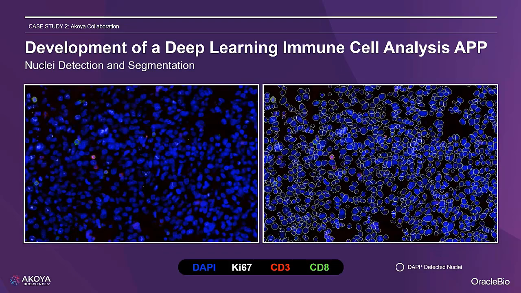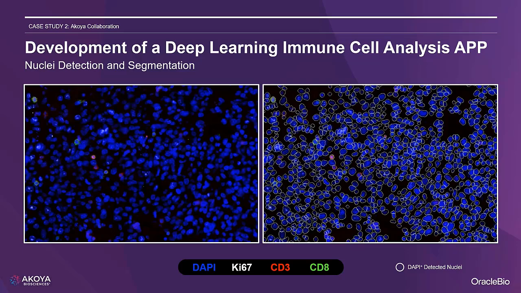First up, development of an algorithm for immune cell analysis. For this, we started with the nuclei segmentation base app provided within the software, which is another great benefit of using the Visiopharm software. This algorithm can typically identify nuclei effectively in most samples, and we can easily add more training to fine-tune the algorithm to fit the samples we're working with.